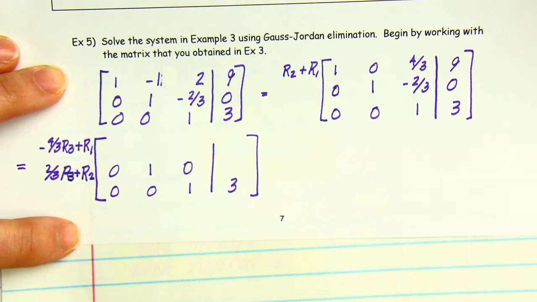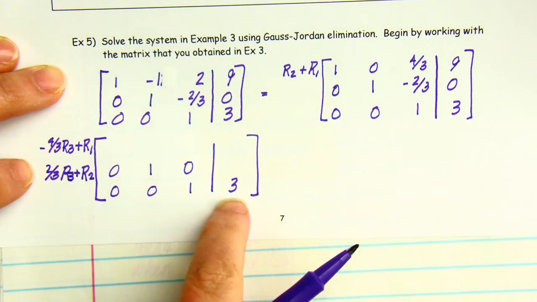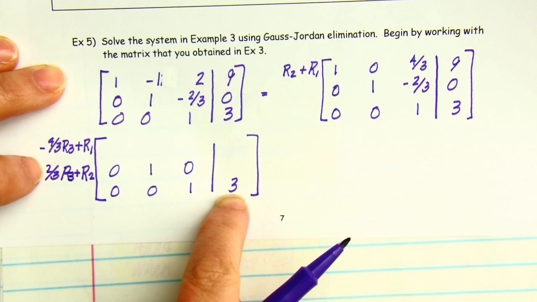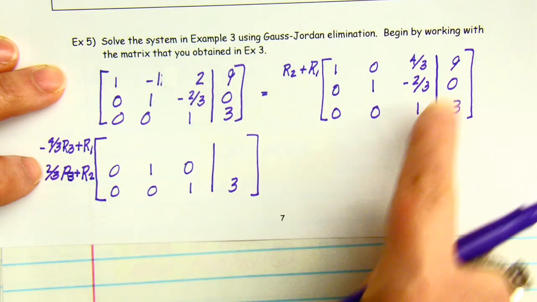And that's why we did this. 2/3 times row 3. Well, 2/3 times 3 is what? 6/3, which is 2. And 2 plus 0 is 2.